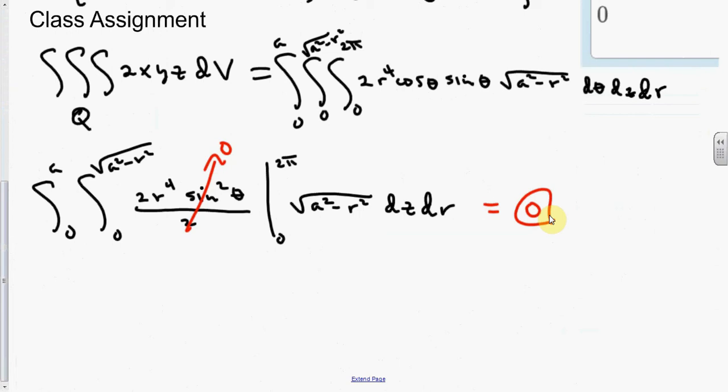I could have changed that and restricted theta from 0 to pi over 4, and you would not get 0 for your answer. Just because if z is 0, that has no bearing on x and y. You still want to investigate what's happening in that surface region with x and y.